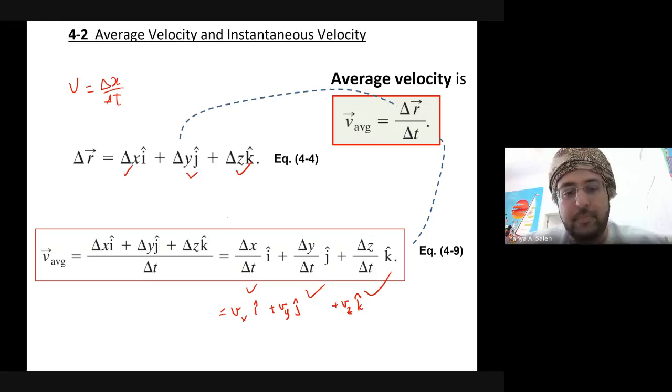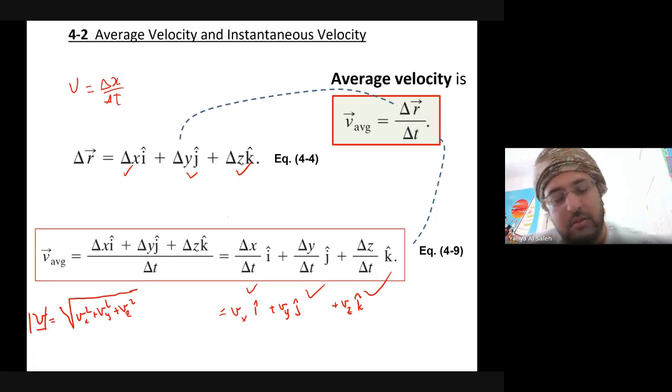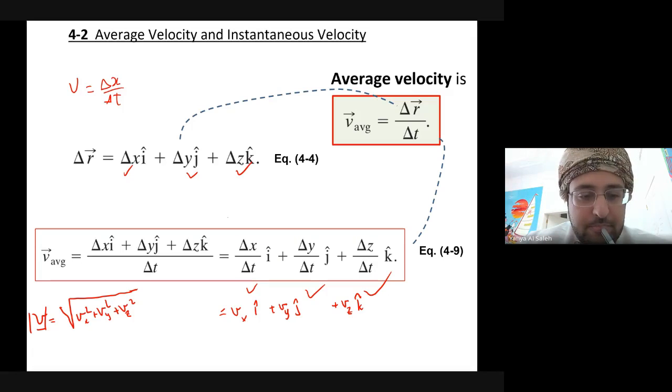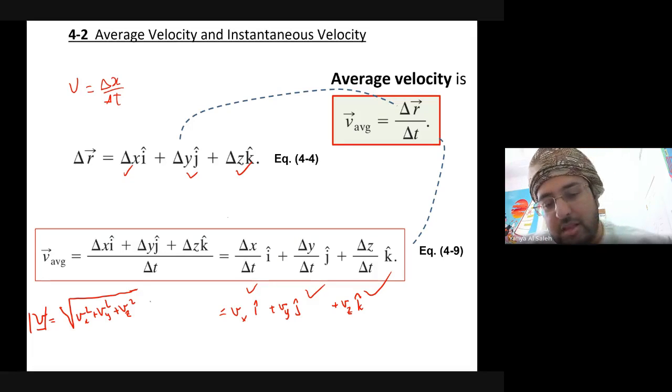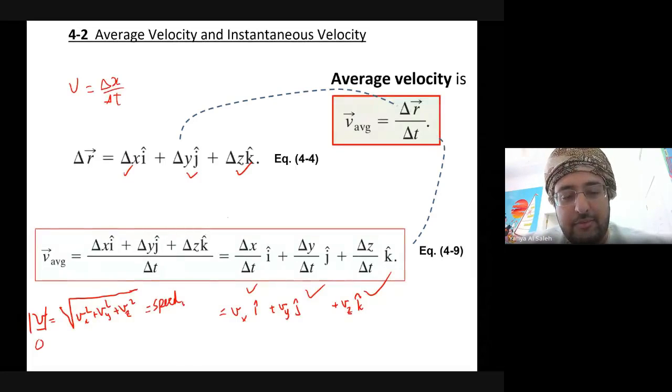I can say the magnitude of my v is equal to the square root of vx squared plus vy squared plus vz squared. And this is the same as speed, because it gives me the number without the direction. And then I can give my angle. I can find my angles.